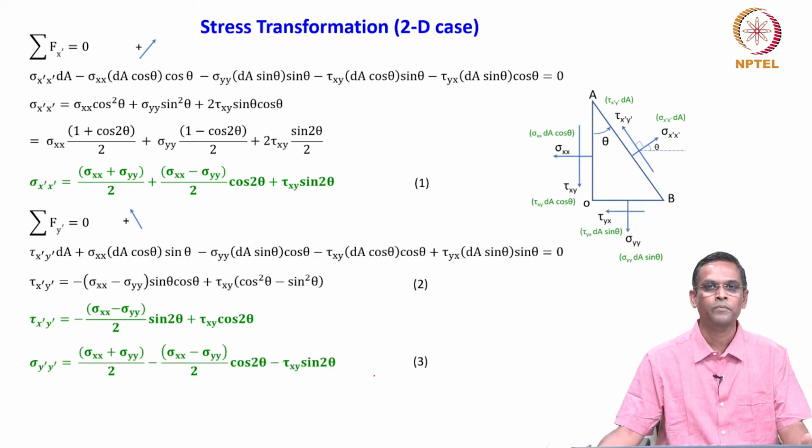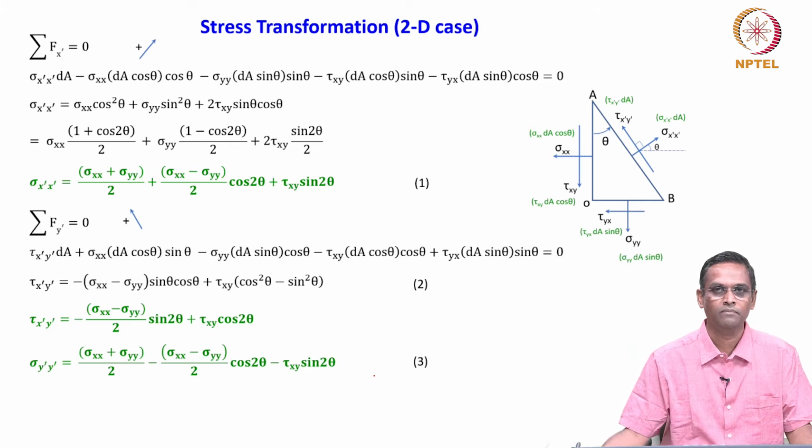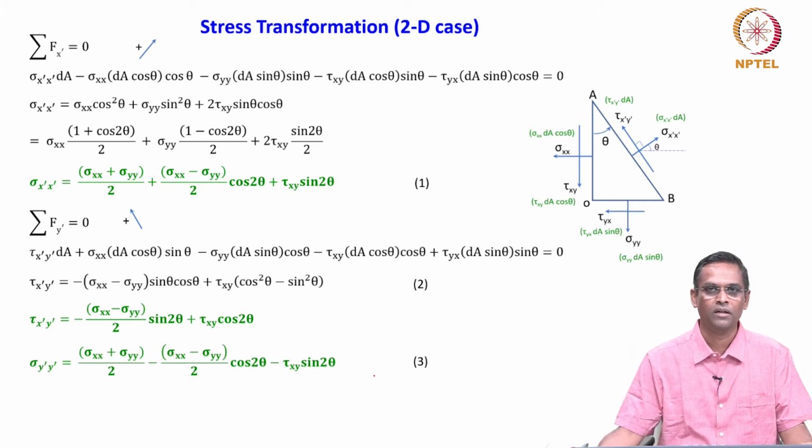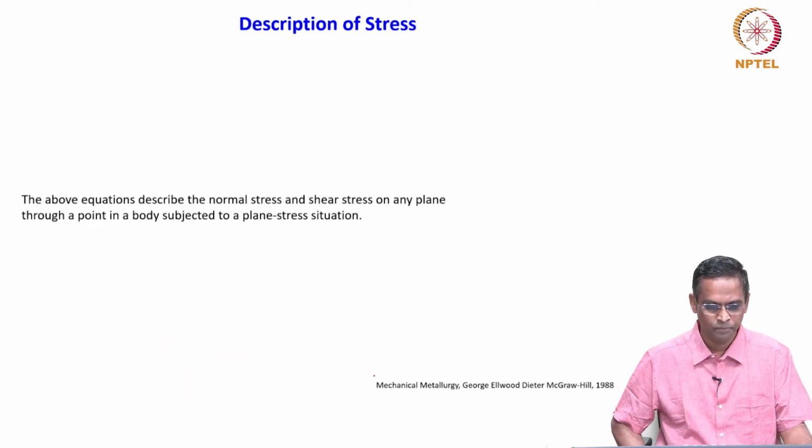For example, principal planes, where the stress acting we characterize as principal stress, and the maximum shear stress, for which we have to identify the plane. So these are some of the benefits of looking at all these equations in detail. We will see this one by one.